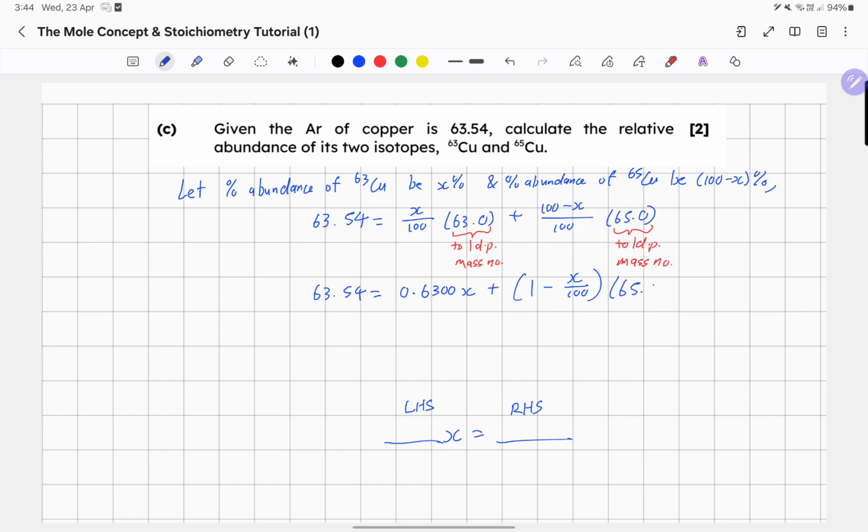I just find that a lot easier. So 63.54, and this one will be 65.00 minus 0.6500x. Notice how all of them are expressed to 4SF as intermediate workings.